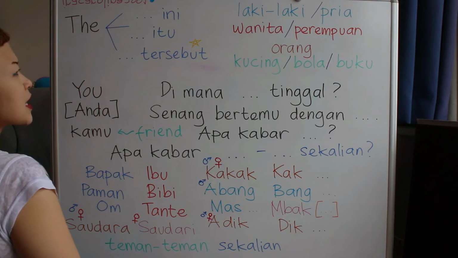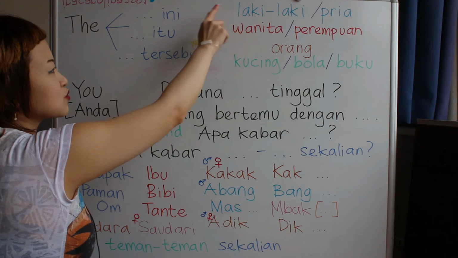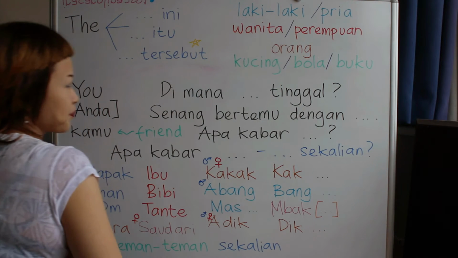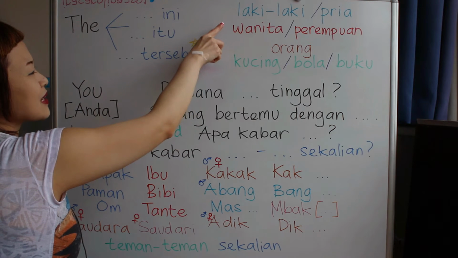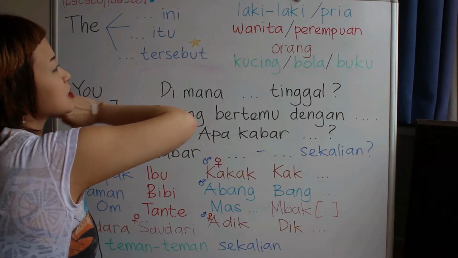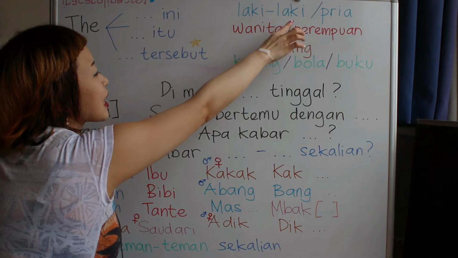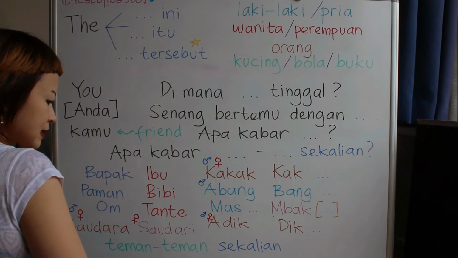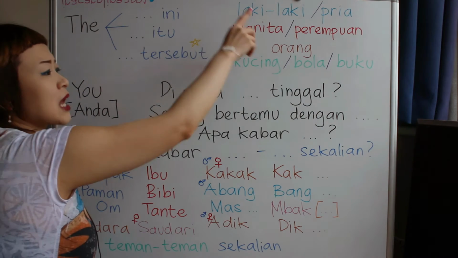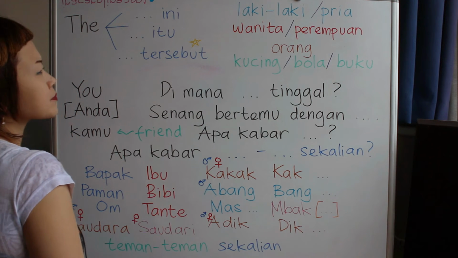If we want to say "the man", we use this one, laki-laki or pria. Laki-laki, even though we repeat like this two times, laki and then a hyphen, and then we put laki again, doesn't mean it's more than one. In this case, laki-laki is one or is man.